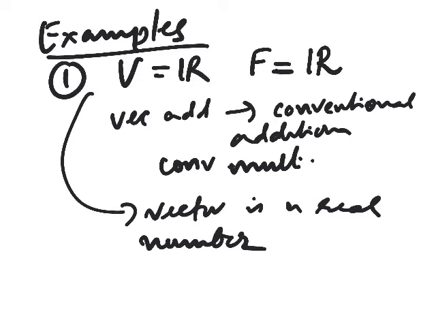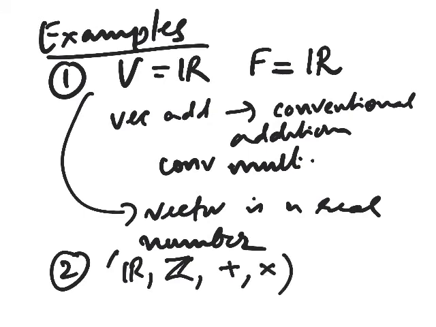So what about this? R, as Shivam said, is this a vector space? What is that then? Z, a set of integers.